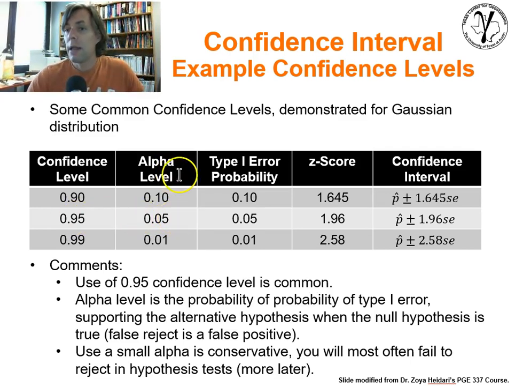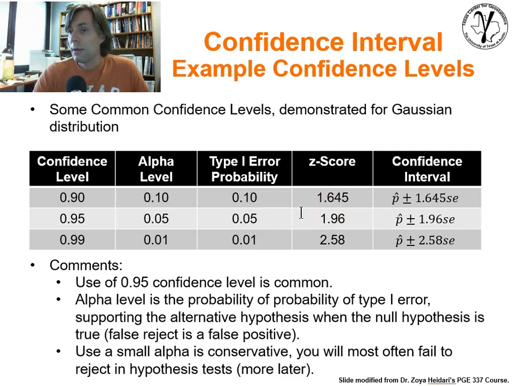Your type 1 error probability is in fact the probability of supporting the alternative hypothesis when the null hypothesis is true. Now we'll get into that in the next lecture when we talk about hypothesis testing. What does that mean? It means that you falsely reject. It's a false positive. You're deciding that the situation is not as expected in the null hypothesis when in fact it was still part of the same distribution, and you had a 5% chance of doing that.